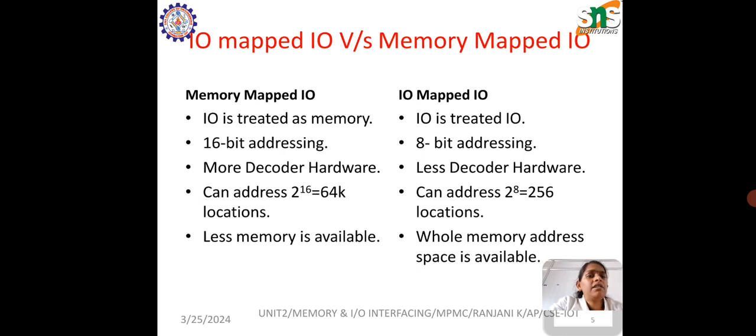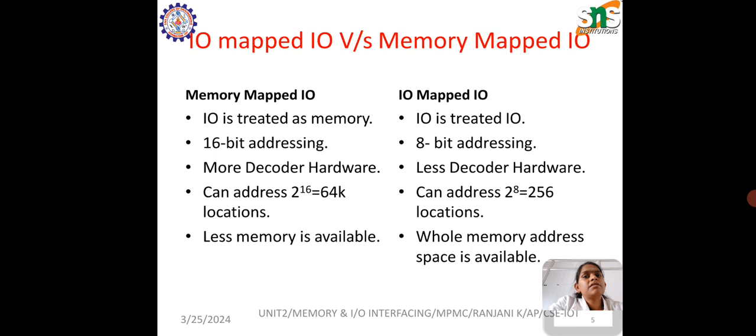Memory mapped I/O can address up to 64 K locations, whereas I/O mapped can address 256 locations. In memory mapped I/O, less memory is available compared to I/O mapped, where the whole memory address space is available.